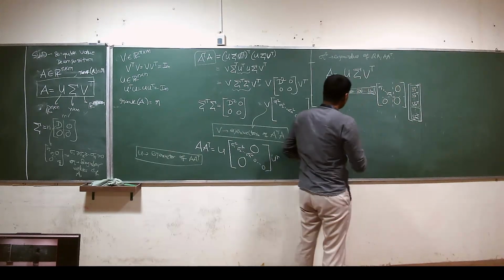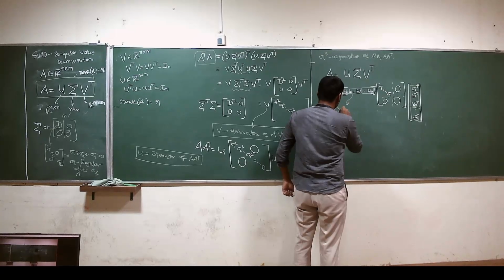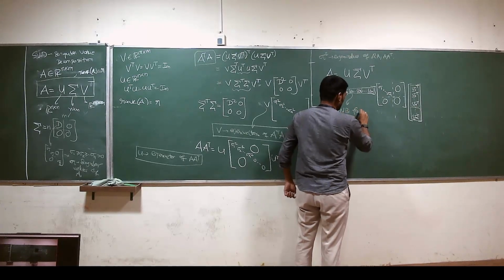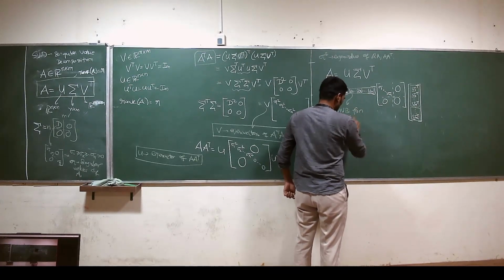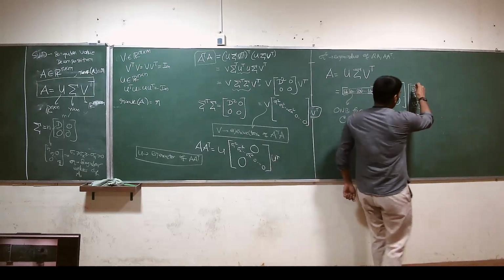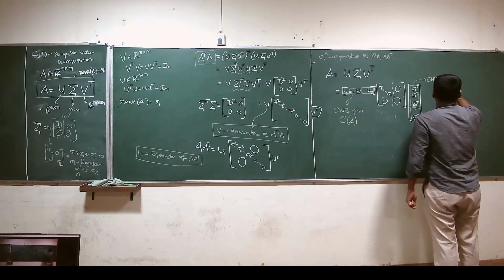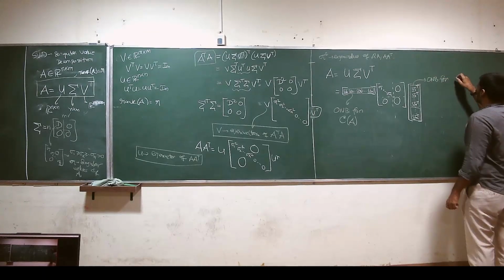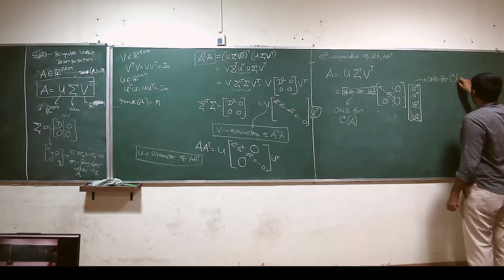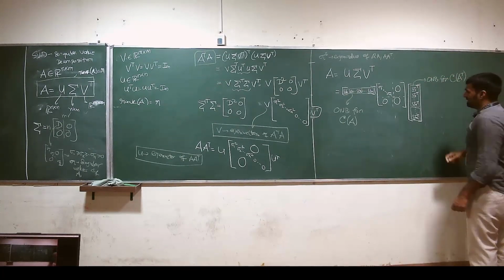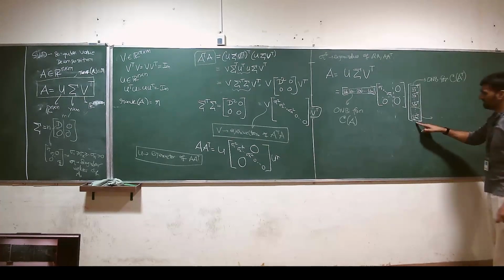Okay. And it turns out that this is simply an orthonormal basis for the column space of A. Okay. And these form an orthonormal basis for the row space of A. Okay. You can tell me what this might be then.